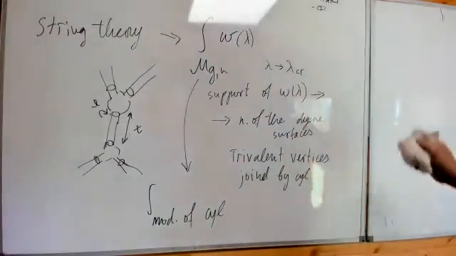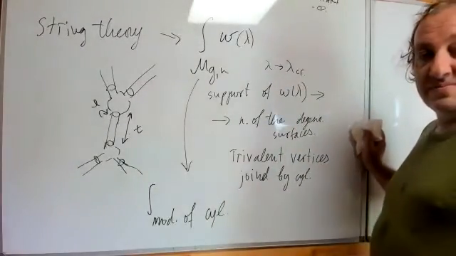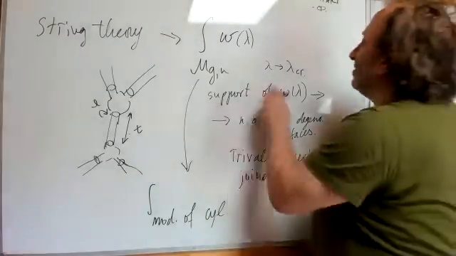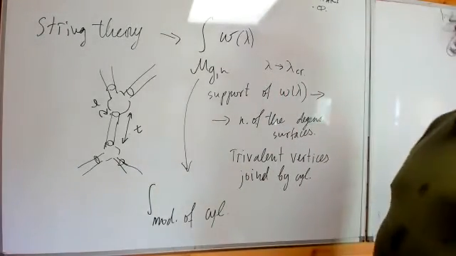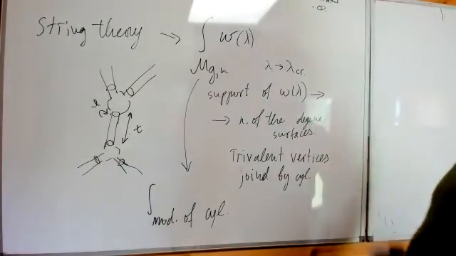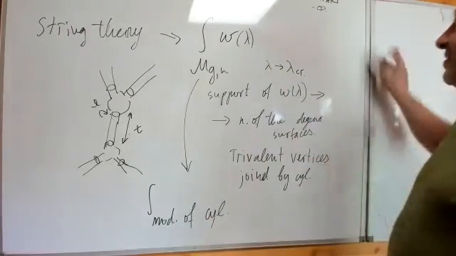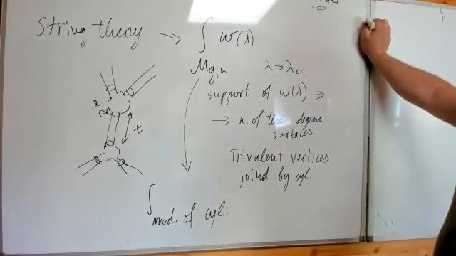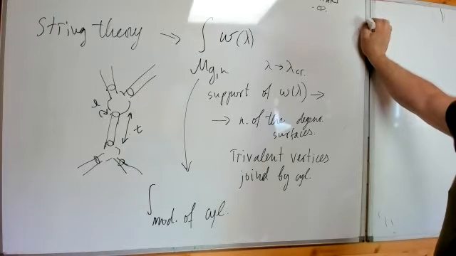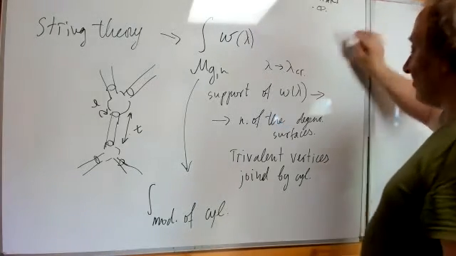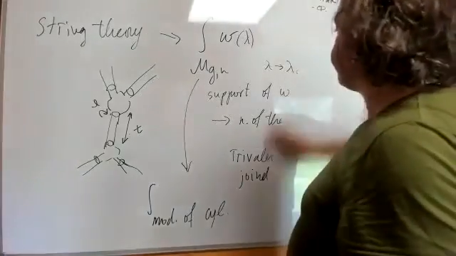So it means that the original integral does not depend on this parameter. So how could it be? It could be because we have Q symmetry here, and these deformations are exact. Okay.